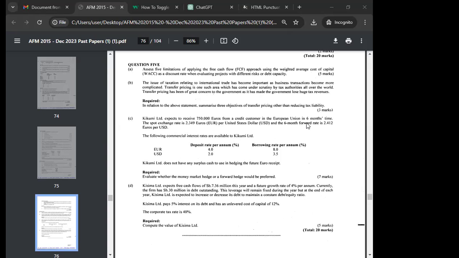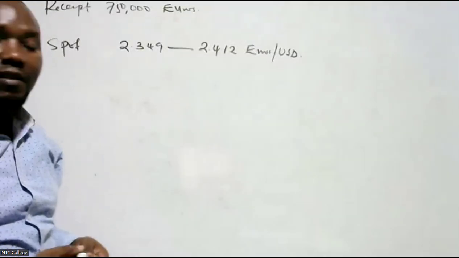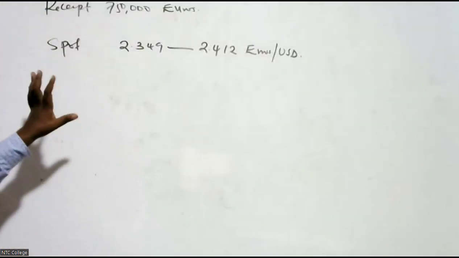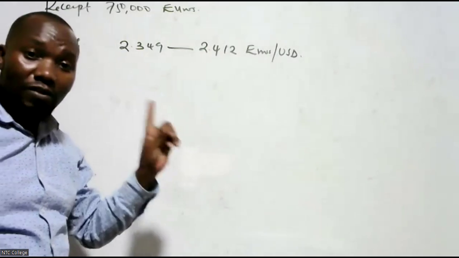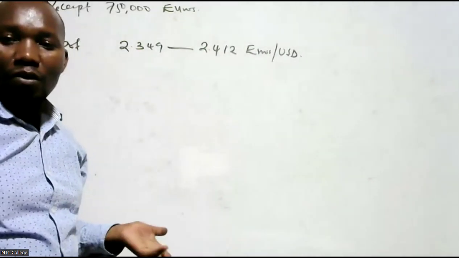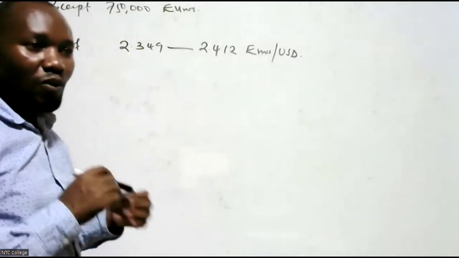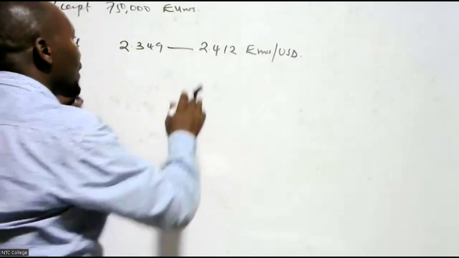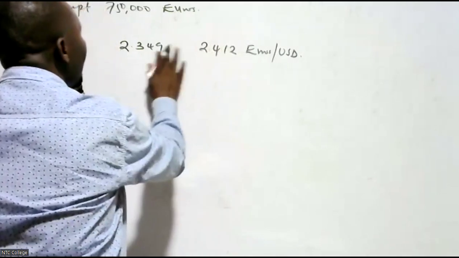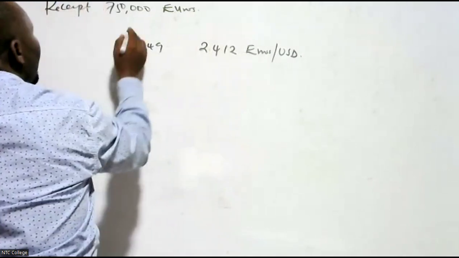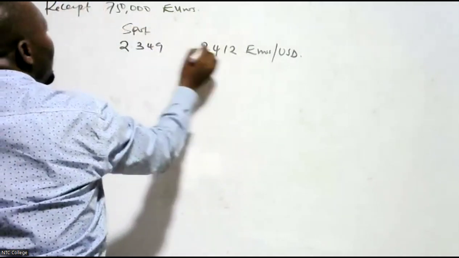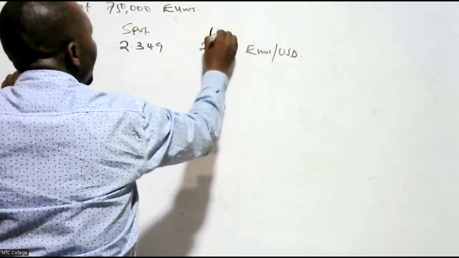Oh, tumepewa tu one rate. Hakuna buying or selling. So they are giving you a mean rate. Sawa. The exchange rate ni moja. So hakuna buying and selling. Kwa hivyo hiyo stress ya buying and selling unaachana nayo kwa sababu you have been given one rate. So this one is spot rate. This one is forward, 6 months.